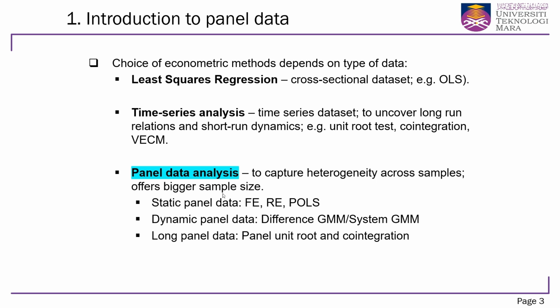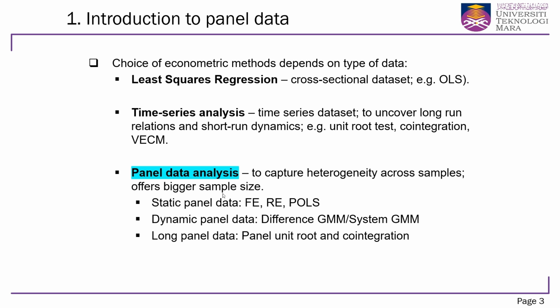So the methods or the estimations that we can do for a panel data set are like fixed effects, random effects, and pooled OLS. If we have a dynamic model, we can also use difference and system GMM. But this technique will not be covered in this course because this is only an introduction to panel data analysis.